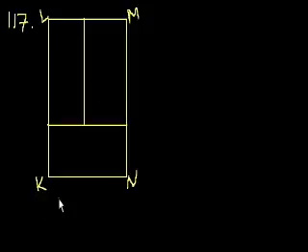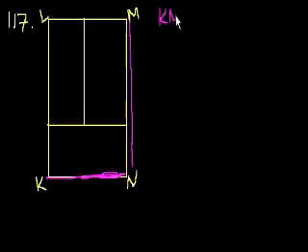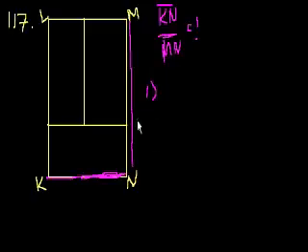So they want to know the ratio of this side, KN to MN. Fair enough. Okay, statement number 1 tells us the perimeter of rectangle KLMN.